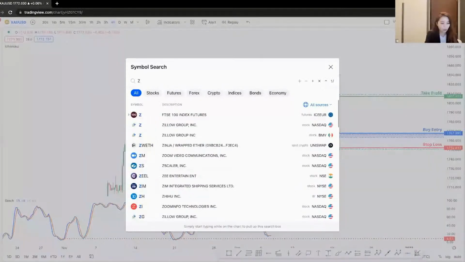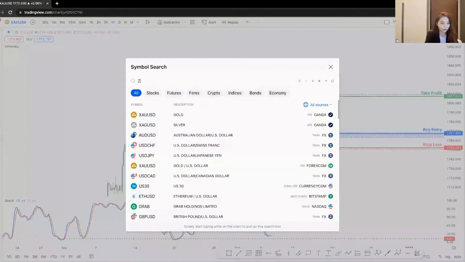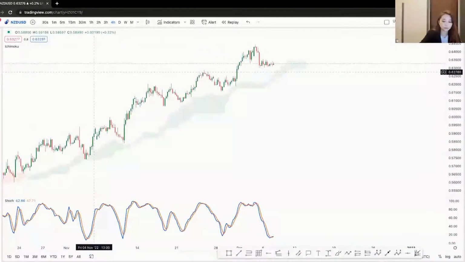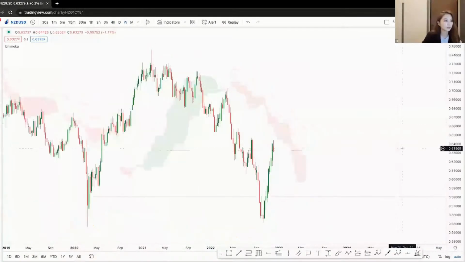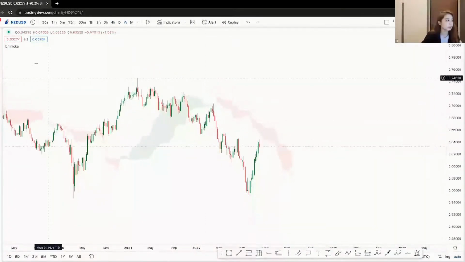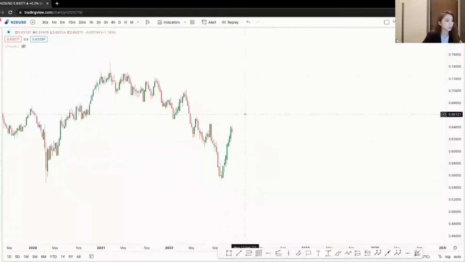Let's do Kiwi dollar. Like a very nice downtrend on a big time frame. Let's hide Ichimoku for a while.